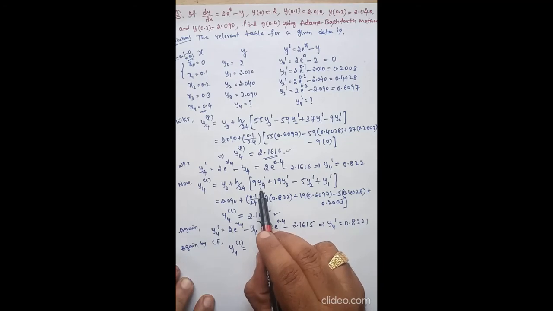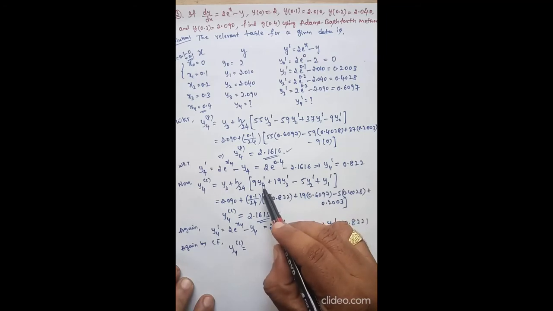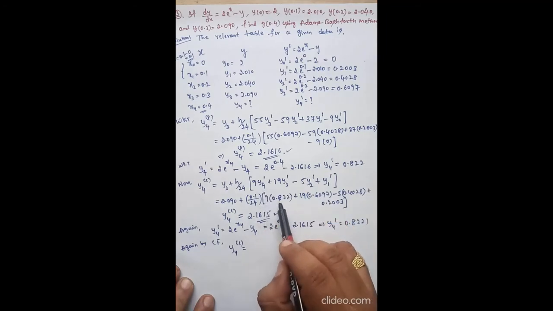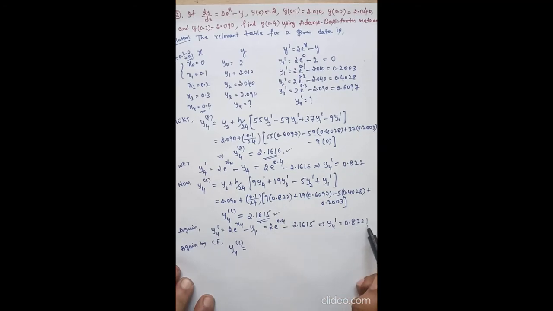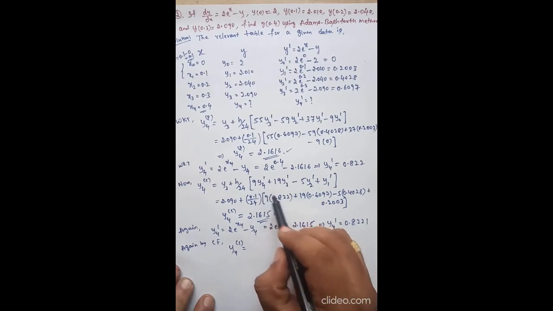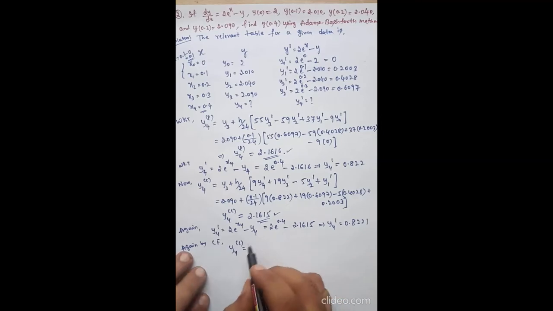Only this y4 dash will change, because y4 dash in the previous step you have substituted this 0.822. Now in place of this 0.822, I will substitute new y4 dash, that is 0.8221. That means I will change only this value, keeping all other values same, and then I will calculate.